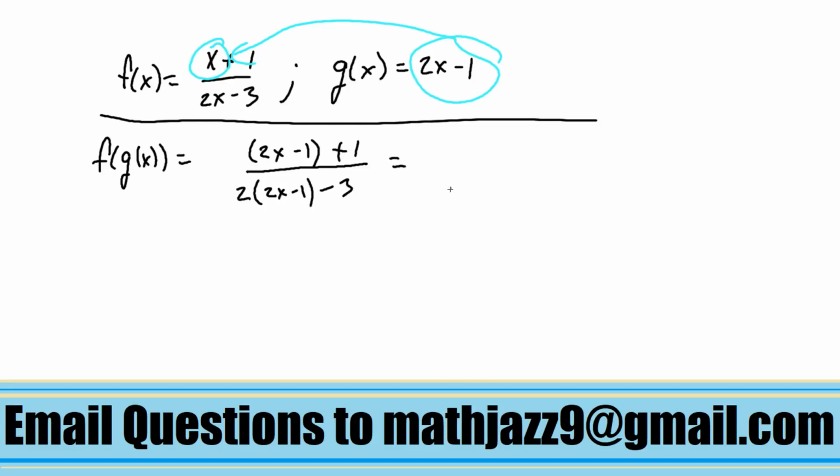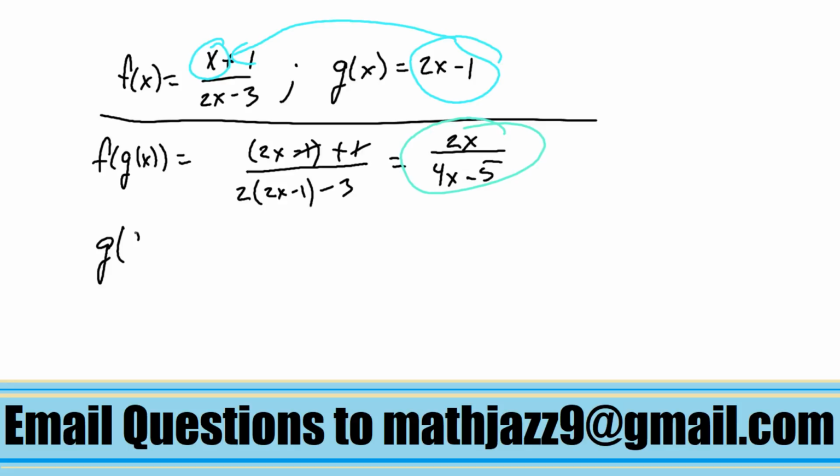Even though this is a completely valid way to describe f of g, we're going to simplify just because we can. It's not difficult. We get 2x on the top, because the negative 1 and positive 1 cancel, and 4x on the bottom. 2 times negative 1 is negative 2, minus 3 gives us negative 5. This is f of g.